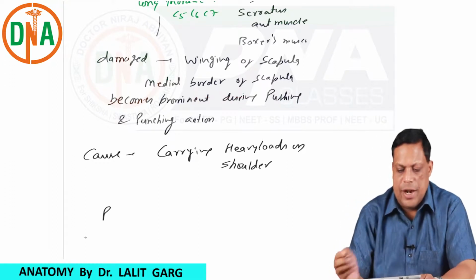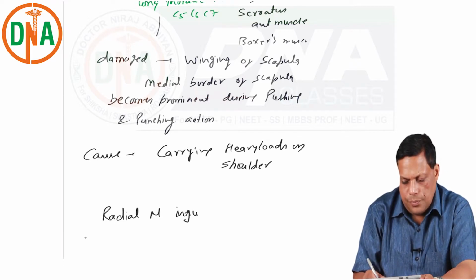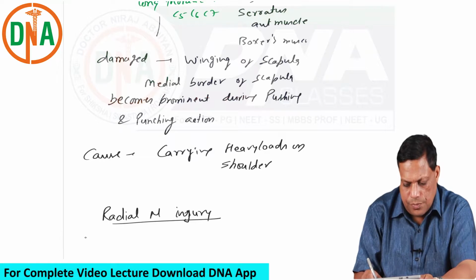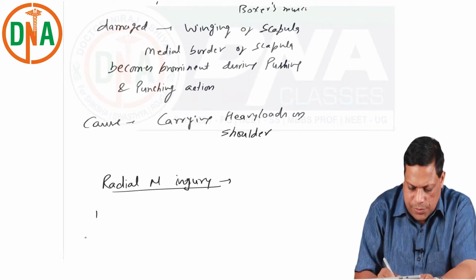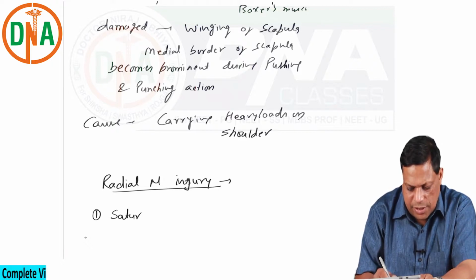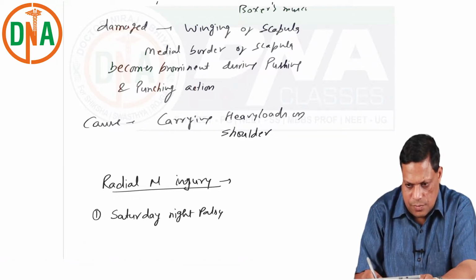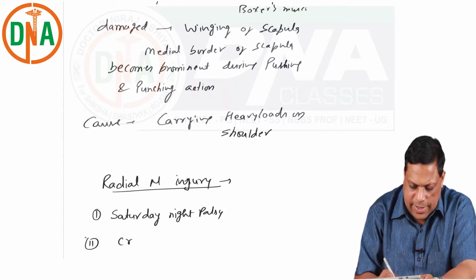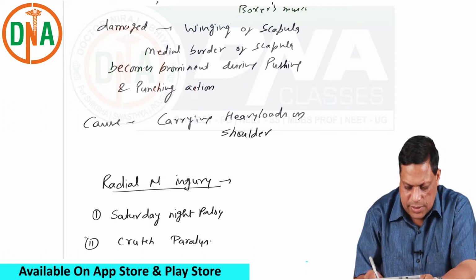Now the next heading is the radial nerve injury. What are the names of the injuries? Number one, Saturday night palsy. Second is the crutch paralysis.